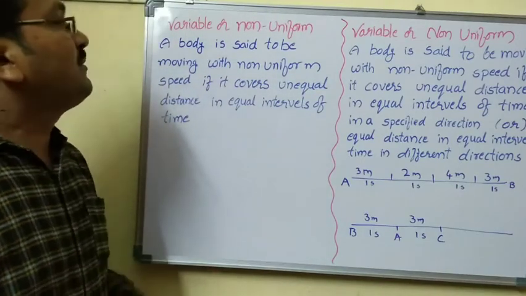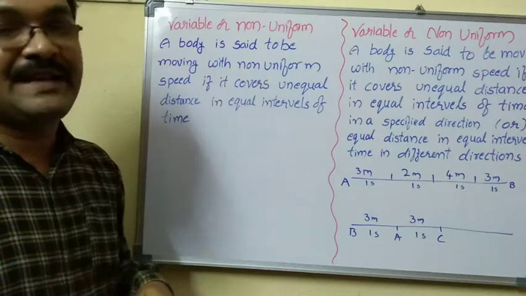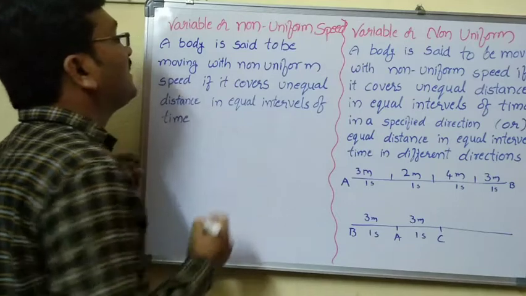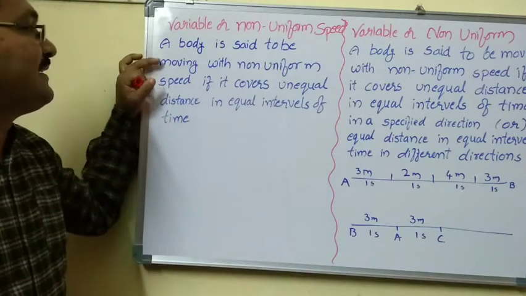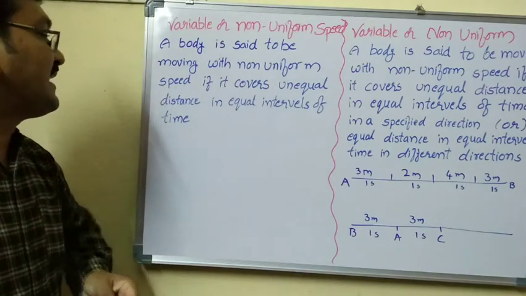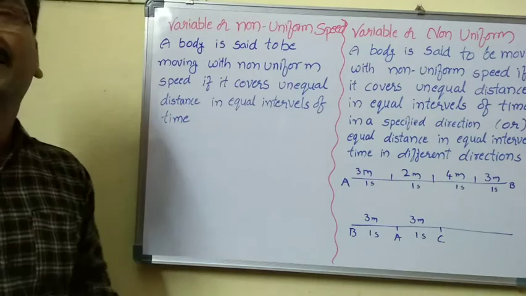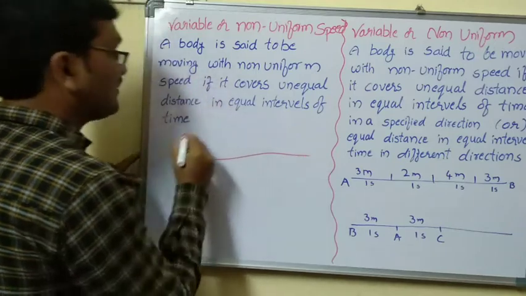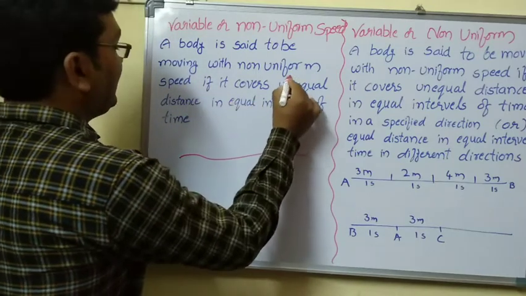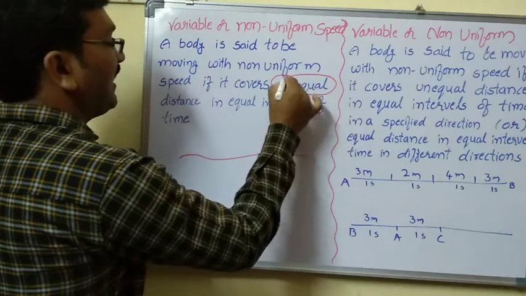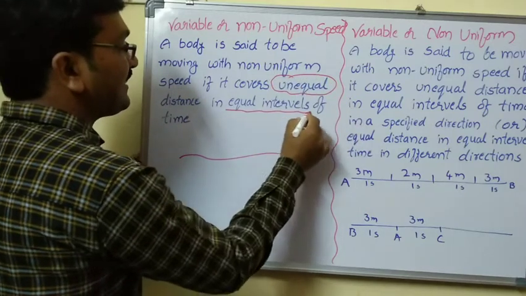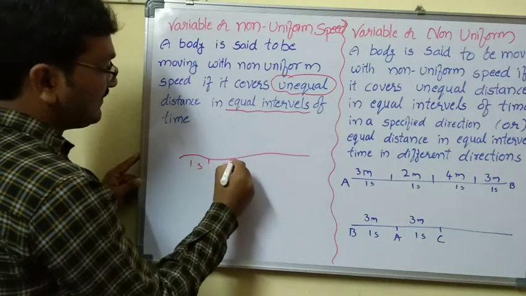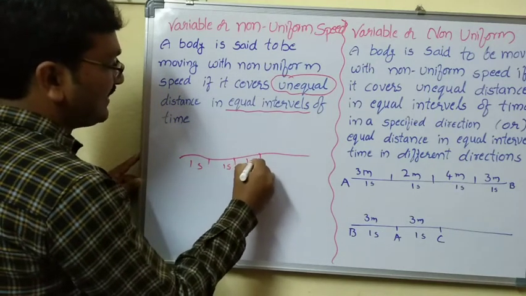Next is variable or non-uniform speed. A body is said to be moving with non-uniform speed if it covers an unequal distance in equal intervals of time. Suppose this is 1 second, this is 1 second, this is also 1 second.